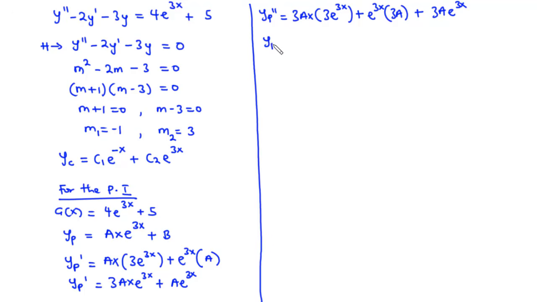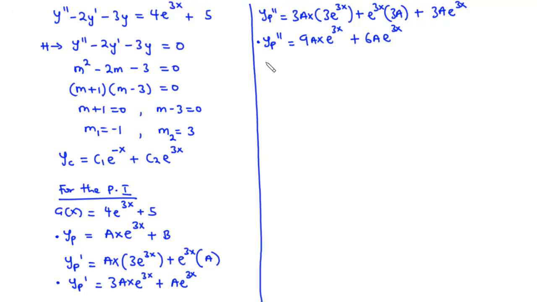So therefore we have yp'' = 9ax e^(3x) + 3a, 3a, so 6a times e^(3x). So this is yp''.